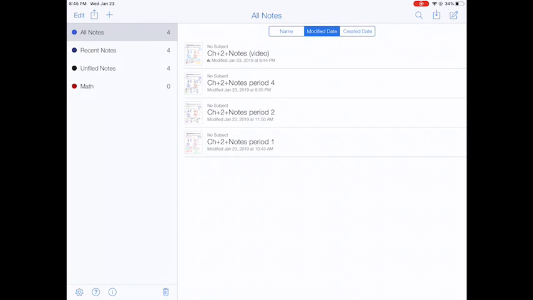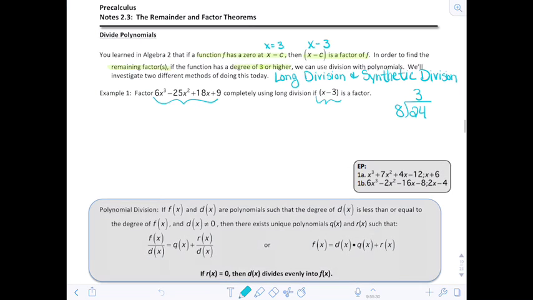Okay, so as we start using long division, we're going to create this familiar box that we've known since elementary school, and our divisor is going to go on the outside, x minus 3, and we're dividing that into our cubic, 6x cubed minus 25x squared plus 18x plus 9.